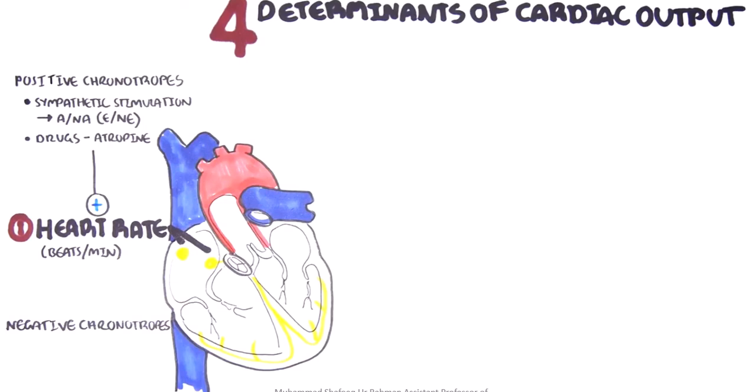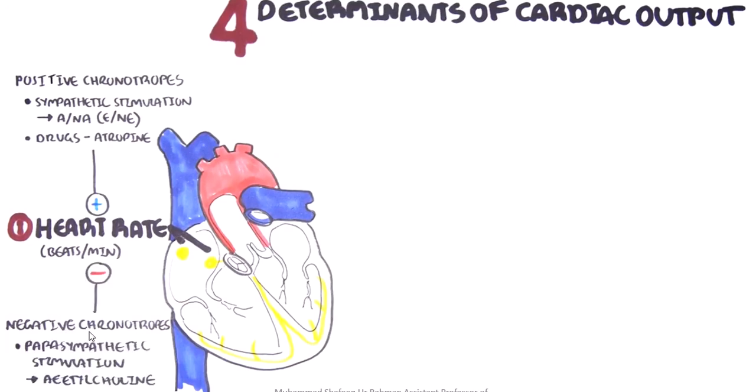These factors increase the heart rate, that is the positive chronotropic effects. The negative chronotropics decrease your heart rate. This is your parasympathetic stimulation, that is the release of acetylcholine. Some drugs, that is adenosine, can decrease your heart rate.